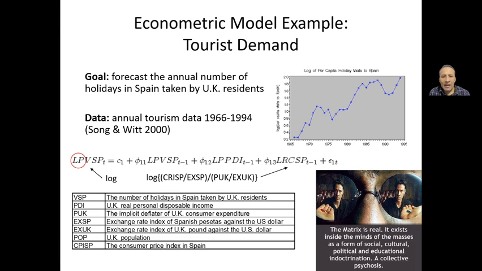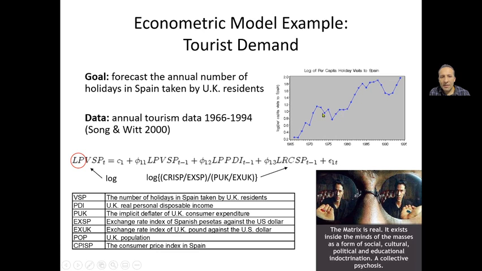So we have here an example of an econometric model, tourist demand. We have the log capita visits to Spain over time, and the idea is that we want to forecast the annual numbers of holidays in Spain taken by UK residents.